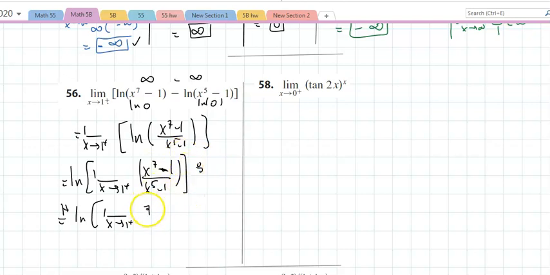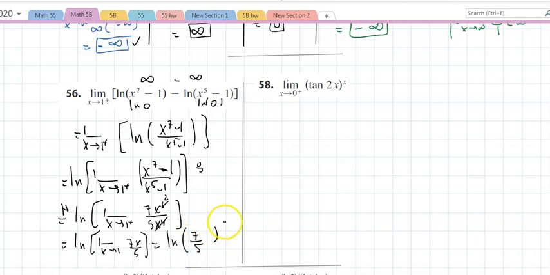That's gonna be 7x to the 6 over 5x to the 4th. This cancels with 2 of those, and I'm looking at natural log of the limit as x approaches 1 of 7x over 5, and that would be natural log, and if I plug 1 in, I'll get 7/5.